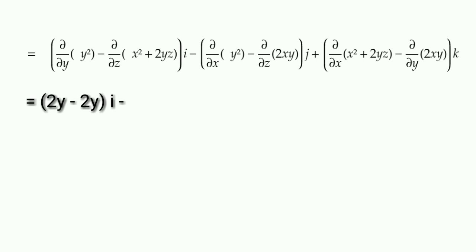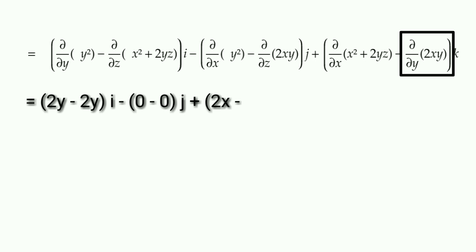Then, if we take the partial with respect to x of y squared, that's simply going to be 0. If we take the partial with respect to z of 2xy, that's also 0, so 0j. And then, if we take the partial with respect to x of x squared plus 2yz, we simply get 2x, minus the partial with respect to y of 2xy, which is also 2x, so 0k.